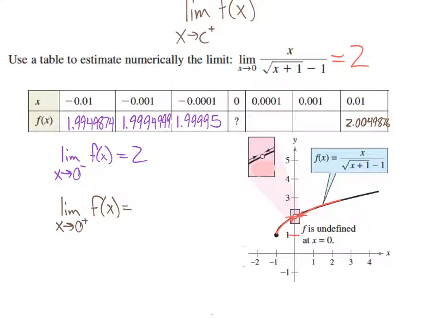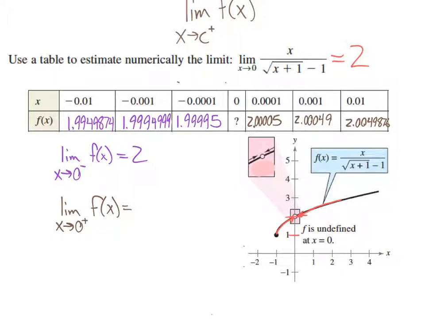How about when we plug in 0.001? 2.00049. And then finally, if we plug in 0.00001, 2.000005. Okay.